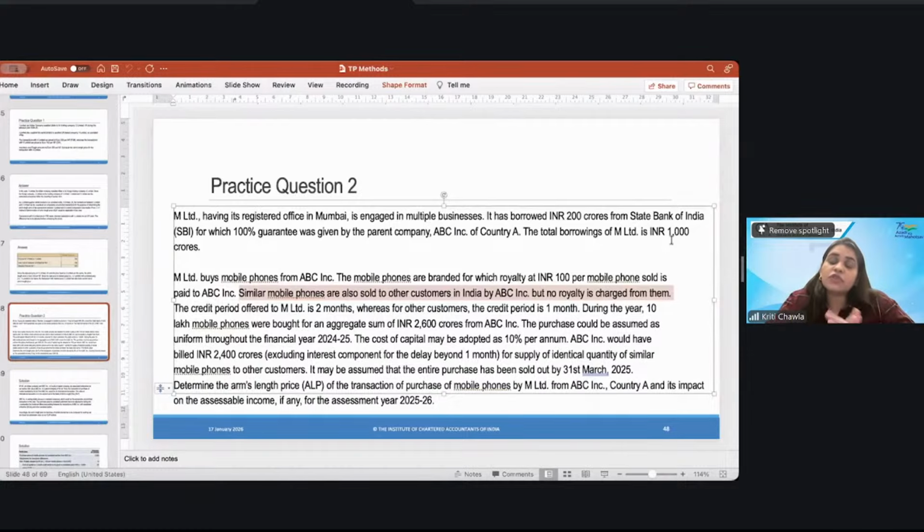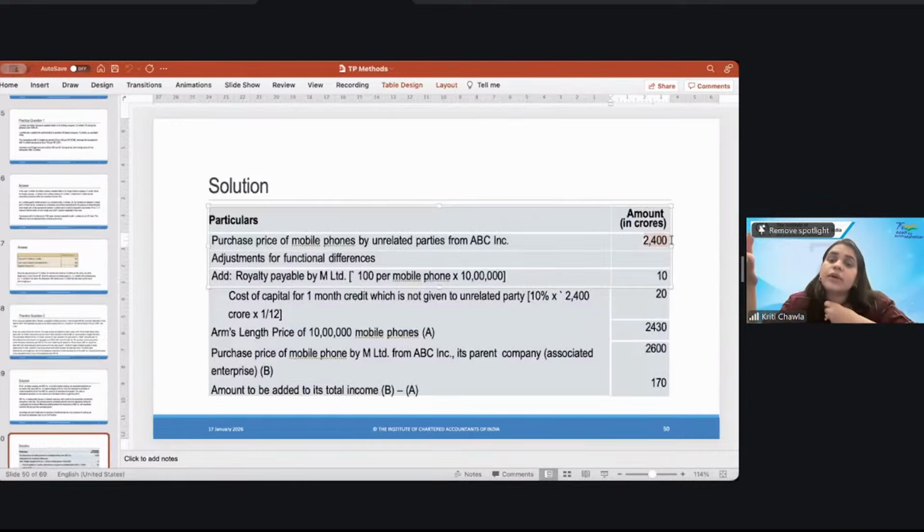What you have to do is make this situation very close to your related party situation, where royalty is actually charged. So how do you make them similar to the related party situation? Well, you add back the royalty.